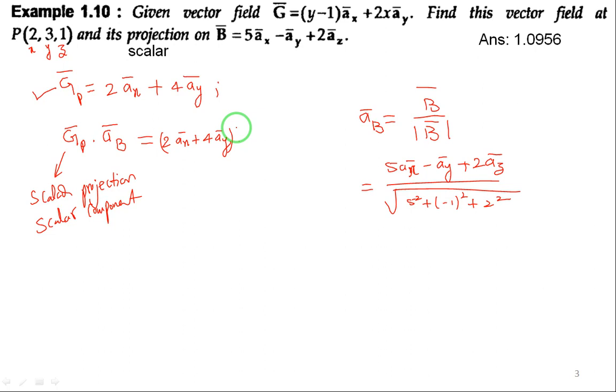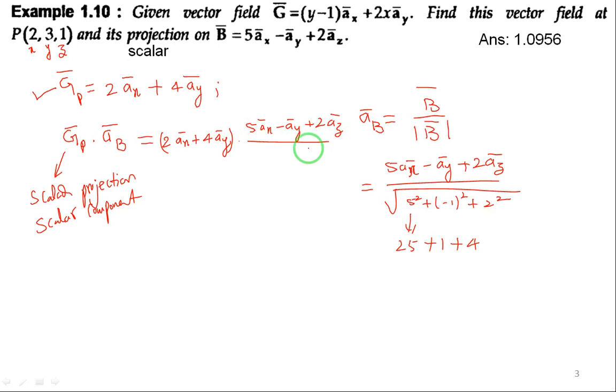Take the dot product with the aB vector calculated already, so I will write it here, 5ax minus ay plus 2az divided by root of 5 squared is 25, plus 1 squared is 1, plus 2 squared is 4.